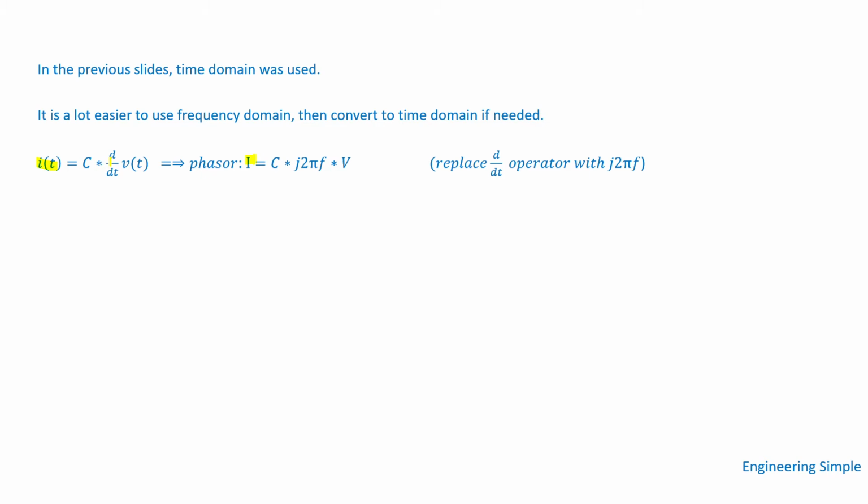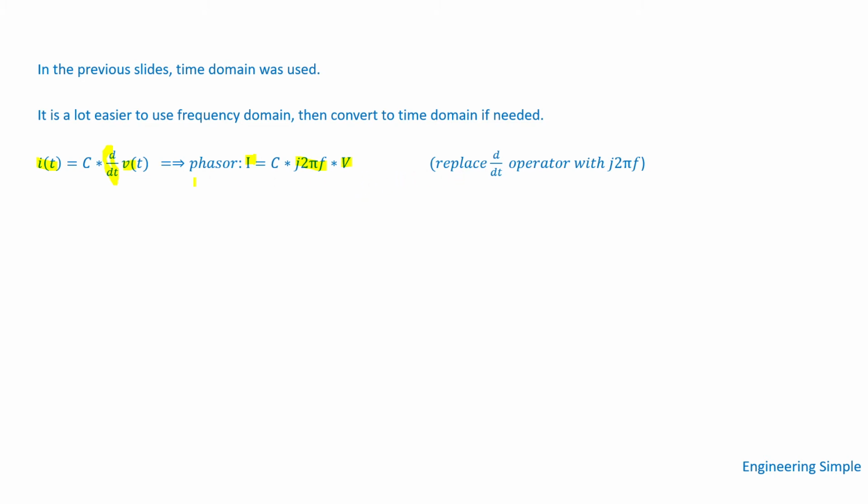Notice here, the operator d/dt, I replace that with j times 2 pi times the frequency. So that's how we don't have to deal with derivatives. Then the voltage in time domain is just uppercase V, which implies it's a phasor.